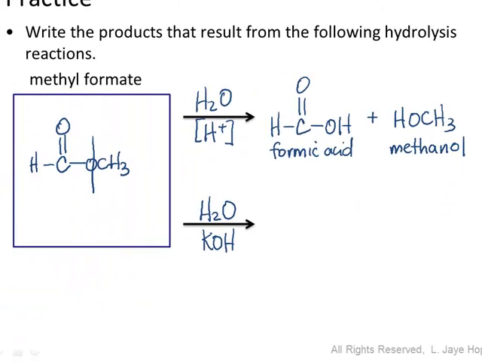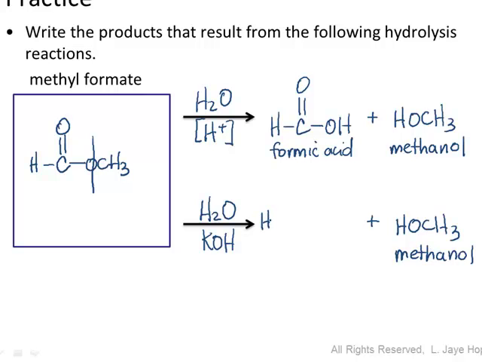Now for the base-catalyzed hydrolysis, better known as saponification, I will get the same methanol molecule because the alcohol is not affected by the presence of the base catalyst. But what's different is that I won't get formic acid. Formic acid, of course, is a carboxylic acid, so it will instantly react with the potassium hydroxide, the base.